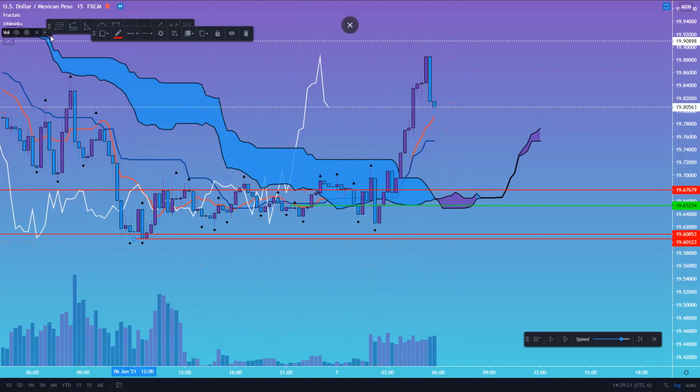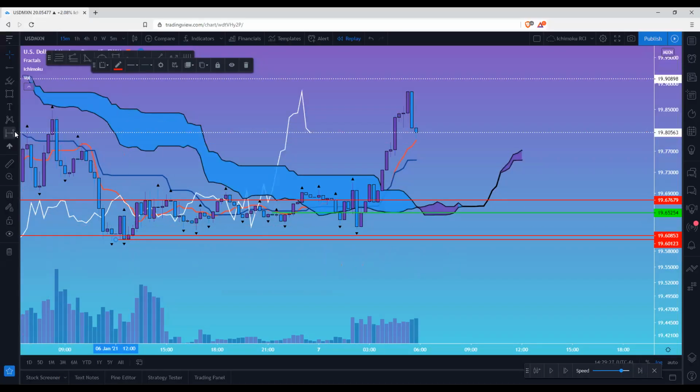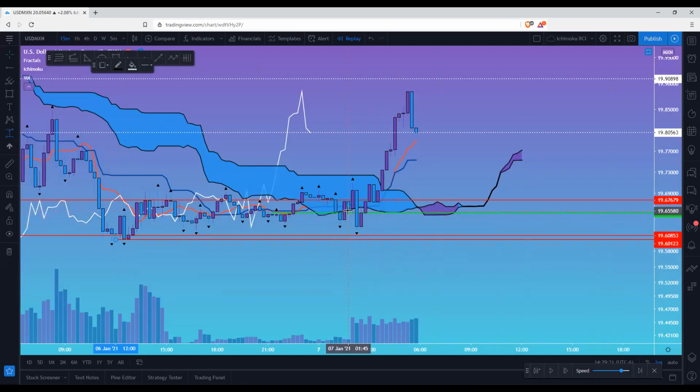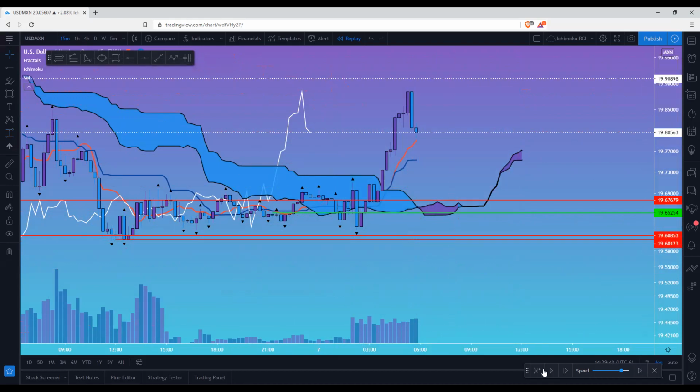So had we got in at that point, let me see, how much profit would we have made there? From our entry to where it's currently at would have been 1,500 points. Here at this point would have been 2,363 points. So that's still a big win.